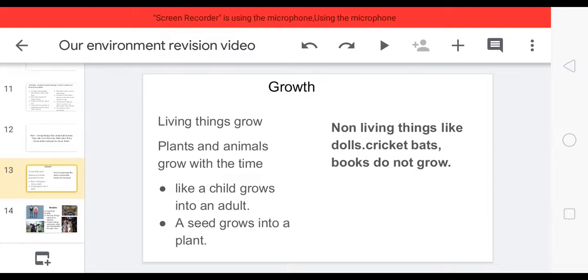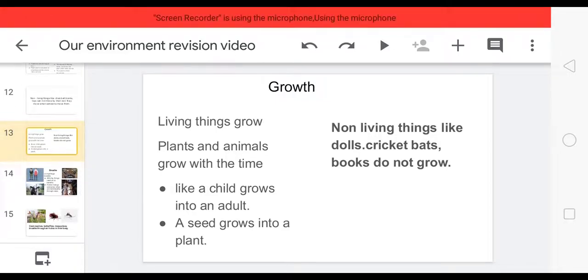But non-living things like dolls, cricket bats, and books do not grow. When you were in first standard, your books were of a certain size, and now you are in third standard, but your books are the same as they were. It means a non-living thing doesn't grow.